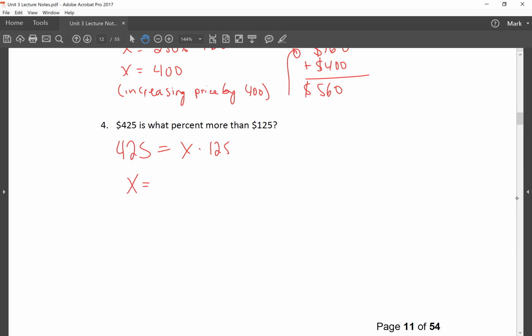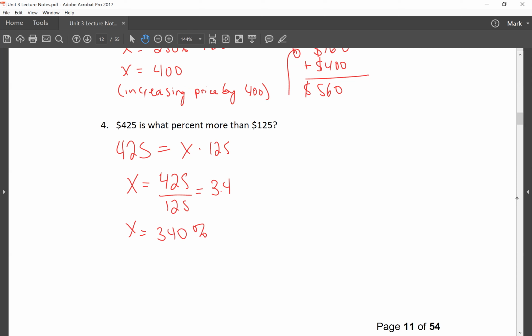So first things first, I need to figure out what this percentage is. Okay, and I'll get a decimal when I do this. 425 divided by 125 is 3.4, or what we would say 340%.